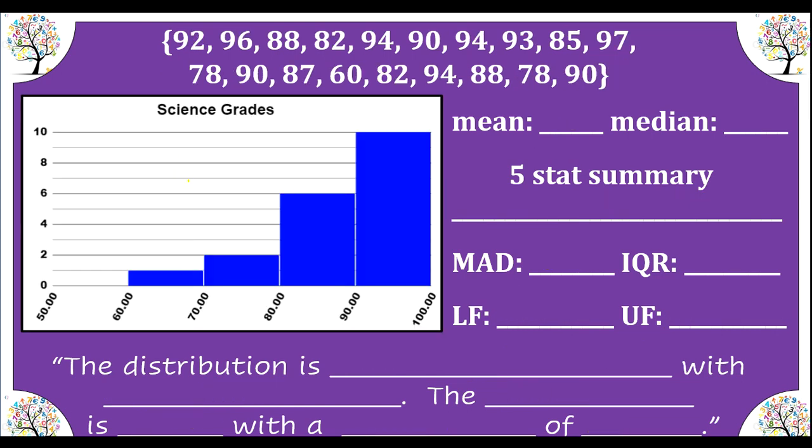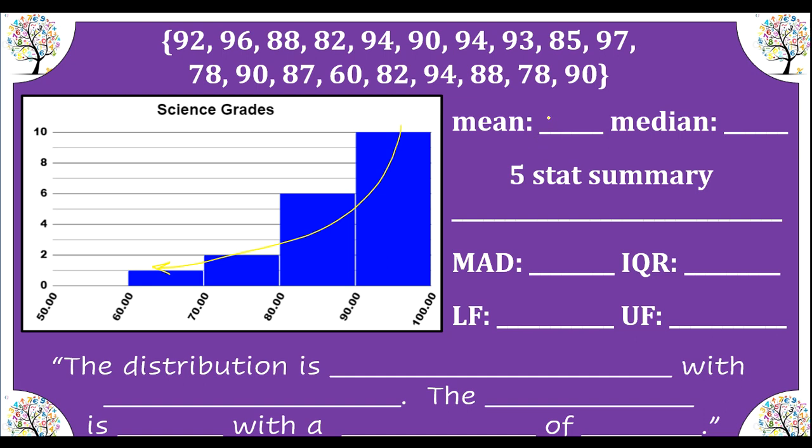Okay, here on science grades, again, you can see the data is skewed to the left. Most of the data is on the right, but it's skewed left. The information that I have already calculated, I did that ahead of time. And again, if you still need to practice, you could pause the video and put this in your TI-30XS.